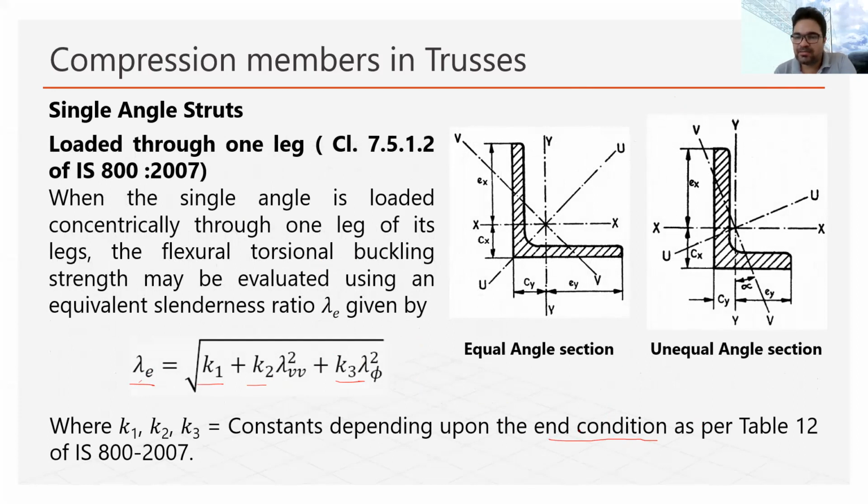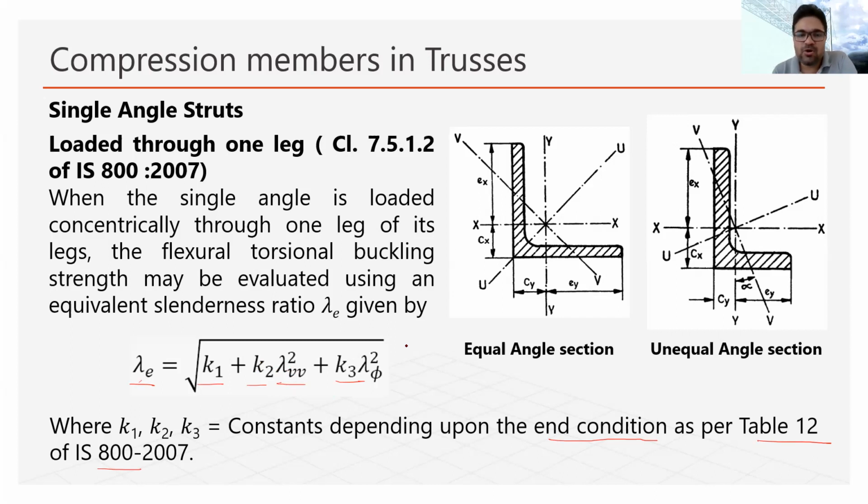We can find that from Table 12 that I showed you in the IS code. Now, what is lambda V? Lambda V is basically the slenderness ratio about the minor axis.